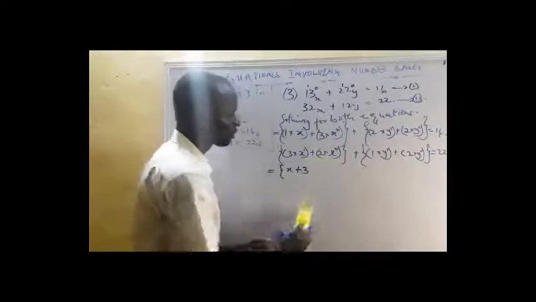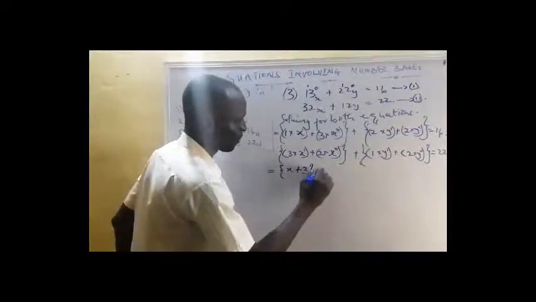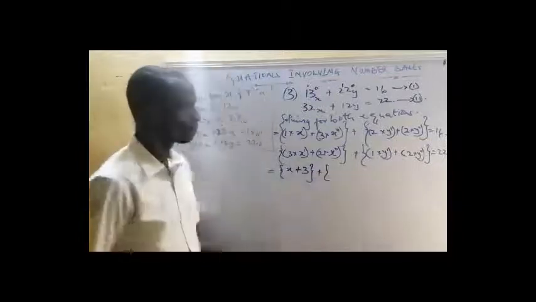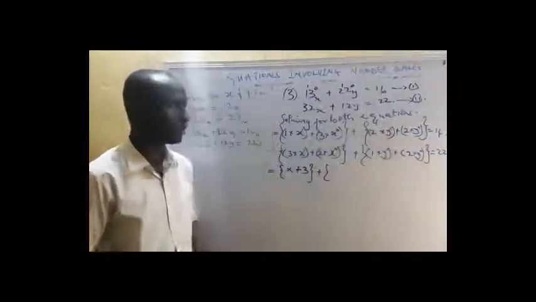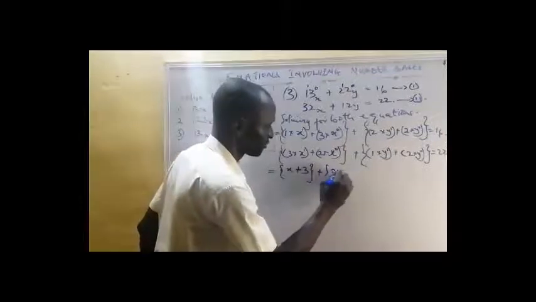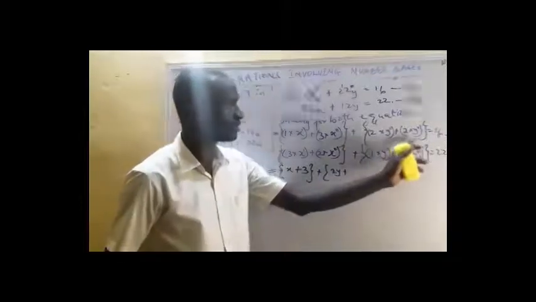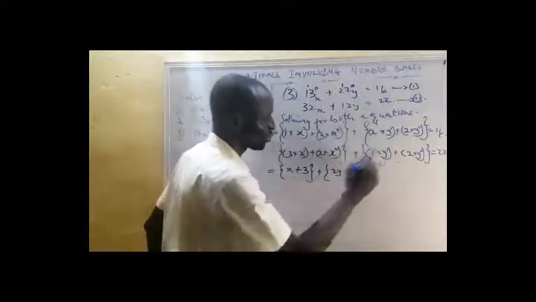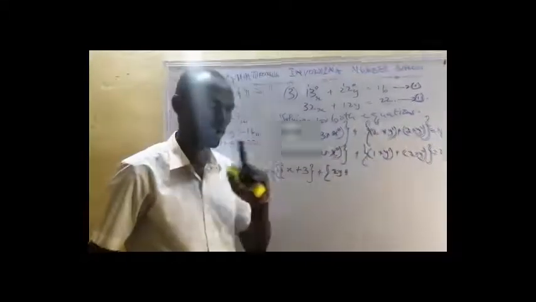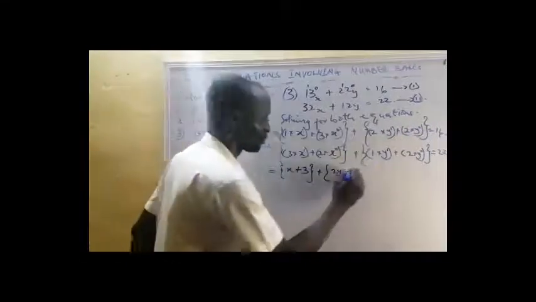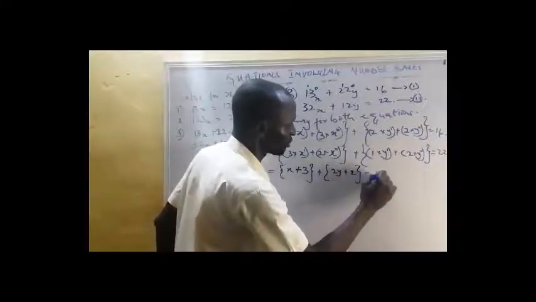Now we can close the bigger bracket. Plus 2 times y raised to power 1, that's 2y, plus 2 times y raised to power 0, that's 2. y raised to power 0 is 1, and 1 times 2 is 2, is equal to 16.